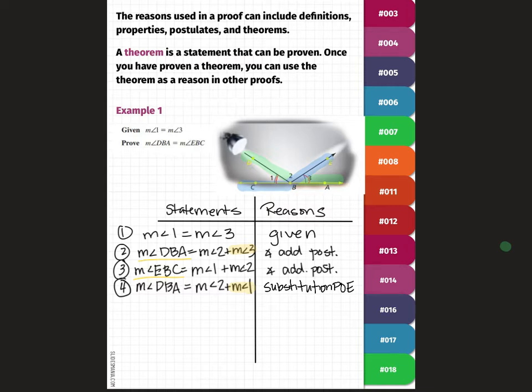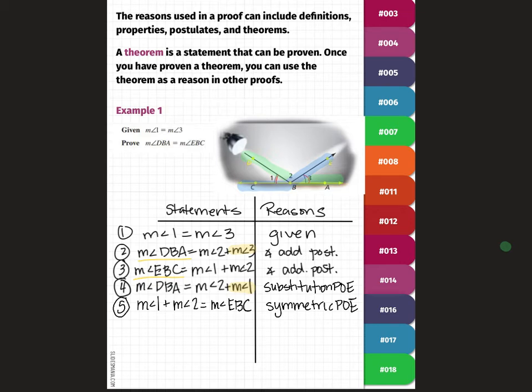I'm going to say that the measure of angle 1 plus the measure of angle 2 is equal to the measure of angle EBC. And that is my symmetric property of equality.